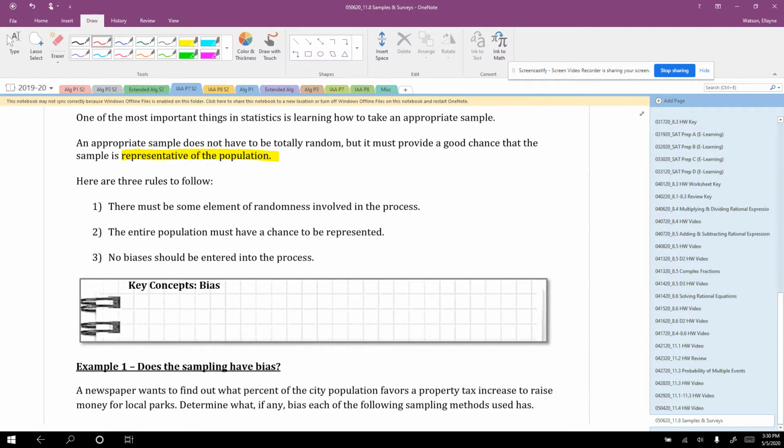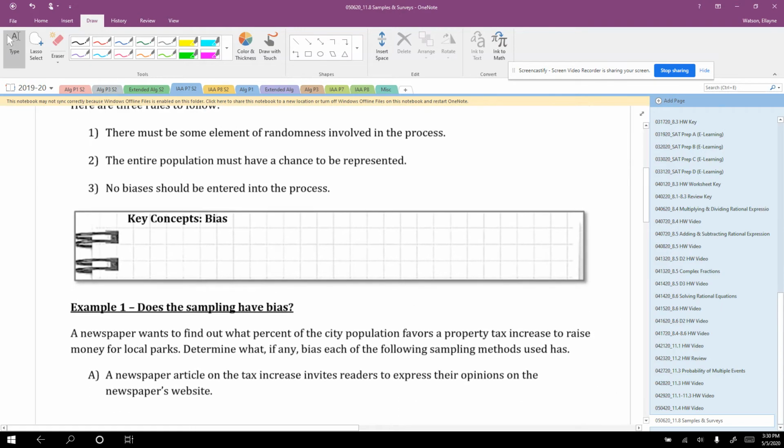You guys have heard about bias, but let's define it in terms of what we're talking about here. Bias is a systematic error introduced by the sampling method. A bias occurs when a part of a population is overrepresented or underrepresented.